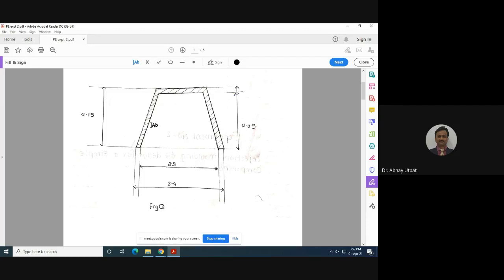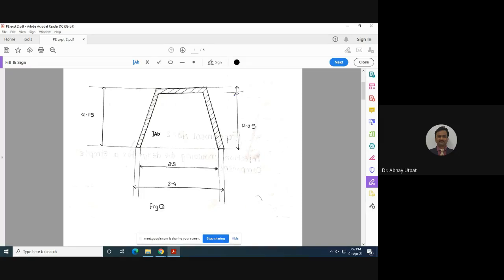Now I already told you, neglect the taper. So you can consider this as a cylinder, with ID and OD for the cylinder. Pi by 4 d square h minus pi by 4 d square h. So if you take outer minus inner, it will become your value.